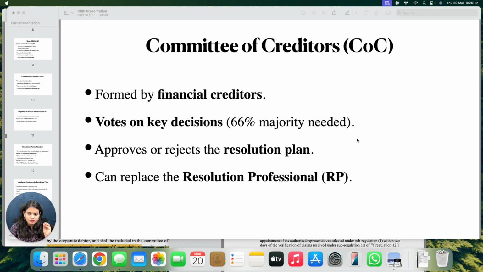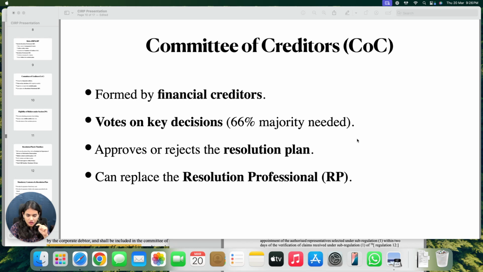Within 48 hours of conclusion of the meeting, the IRP or the RP will issue the minutes of the meeting, along with which they may also issue the voting sheet. The voting must be open for at least 24 hours for the members to vote.